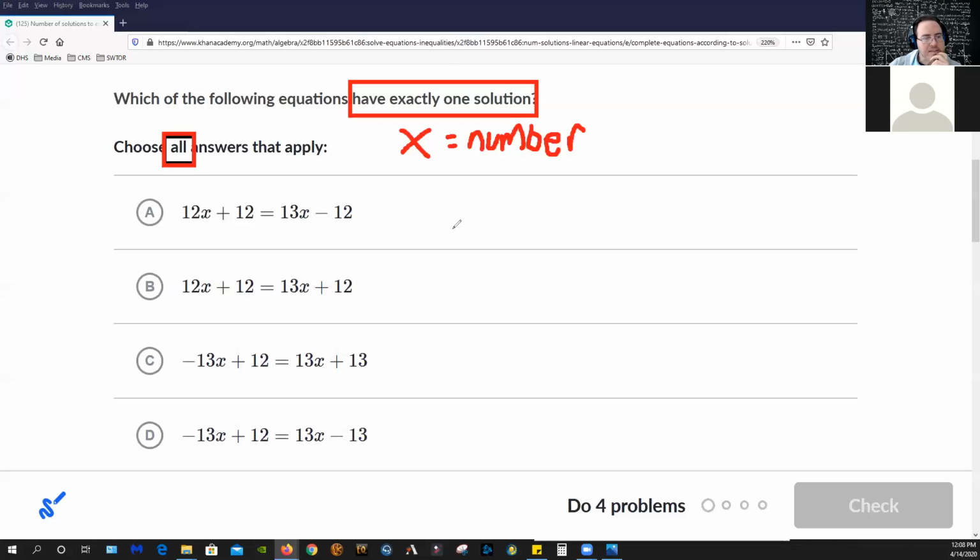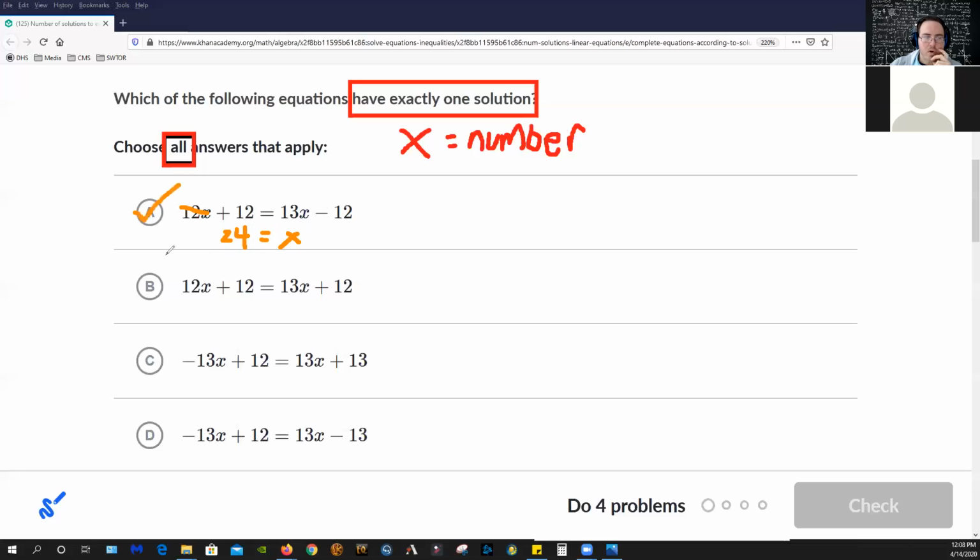Okay, so let's see what can be done with these. 12x. So if I were to subtract 12x from both sides, I'd end up with 1x here. I could add 12 to both sides, it'd be 24.